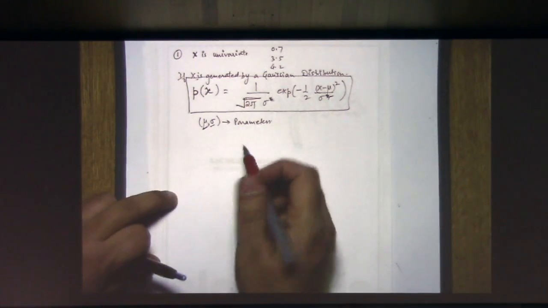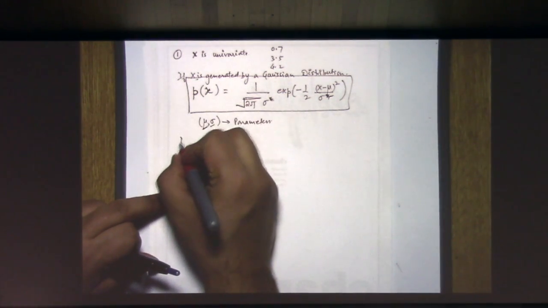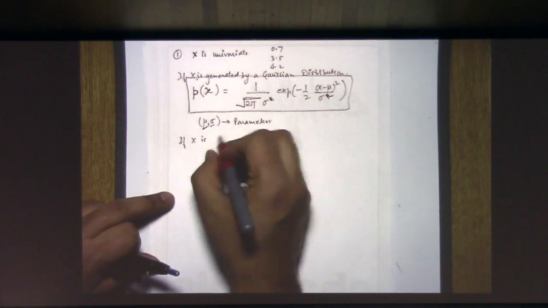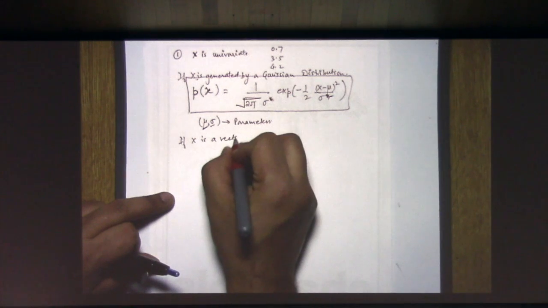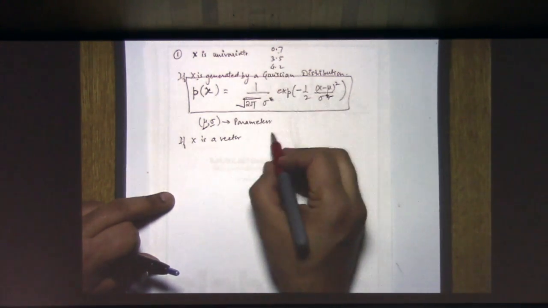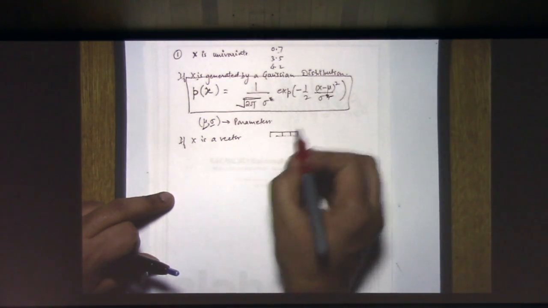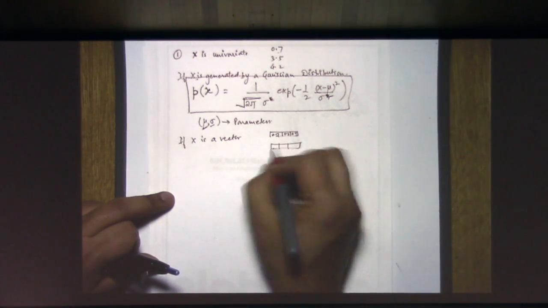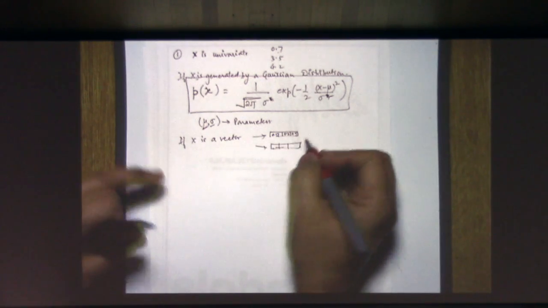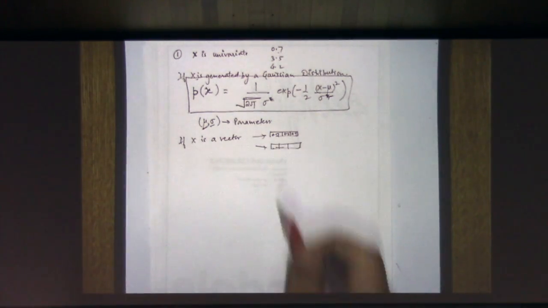So that is that. Now we can extend it and say x is multivariate, or x is a vector. So instead of one value, it is like, let's say, three values, 0.7, 0.2, 0.1. So every sample of x is a three-dimensional vector with three values, right?